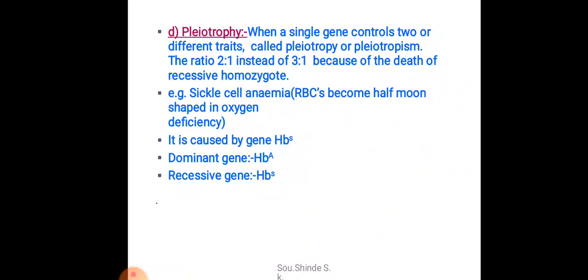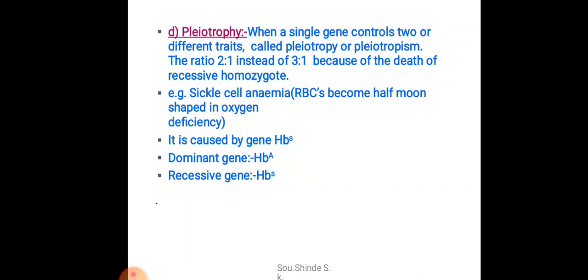Sickle cell anemia is caused by the gene HbS. The normal or healthy gene HbA is dominant. The heterozygous carrier HbA HbS shows signs of mild anemia as their RBCs become sickle shaped due to the deficiency of oxygen.